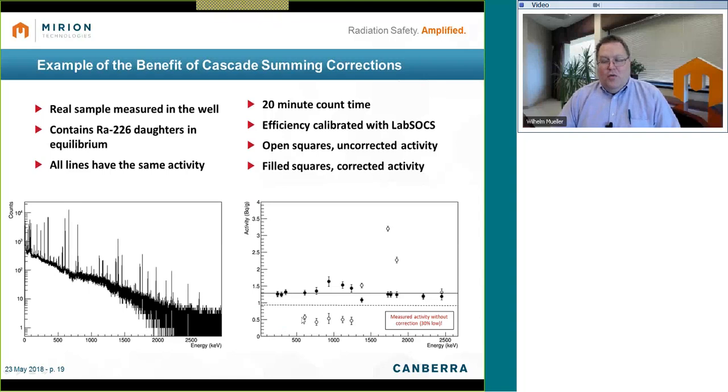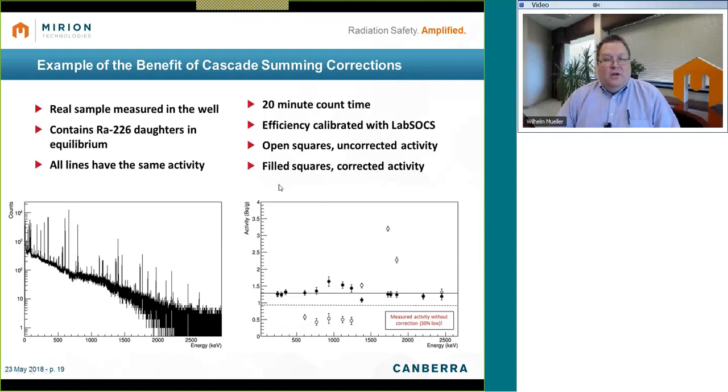The open symbols represent the activities that we would compute if we don't correct for the cascade summing losses. And if one were to take those lines and just average them, one gets the average activity of the sample as the dashed line. This would end up, in this particular case, to be 30% below what the actual activity value is.